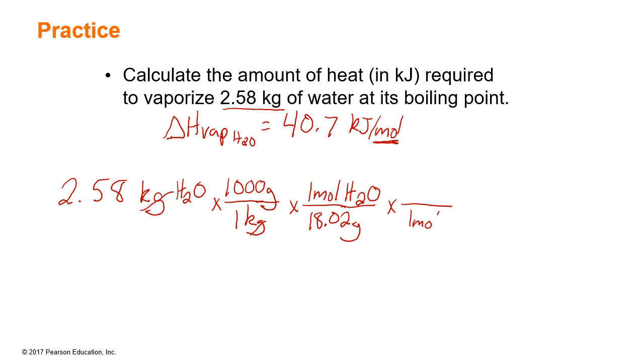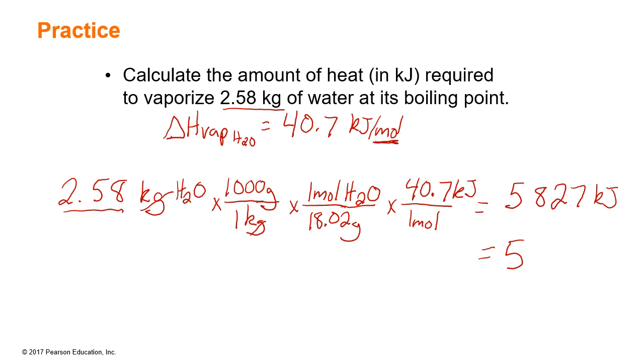We want the moles to cancel, so 1 mole goes on the bottom. 40.7 kilojoules goes on top. This gives us 5,827 kilojoules of heat. However, we started with 3 significant figures, so if we're rounding for significant figures, 5,830 kilojoules of heat.